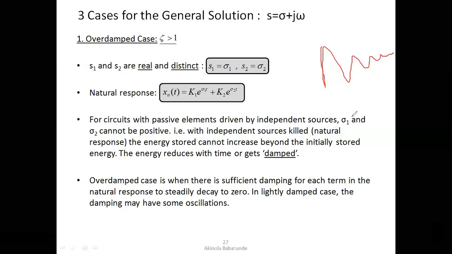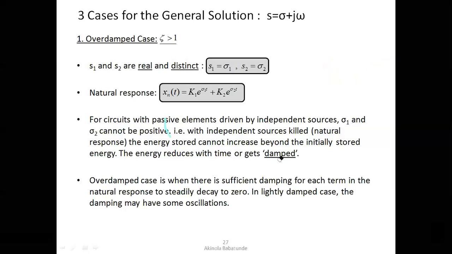The overdamped case is when there is sufficient damping for each term in the natural response to steadily decay to 0. In a lightly damped case, there may be some oscillations, but in the overdamped case, there is enough damping to ensure that each of the terms in the natural response steadily decays to 0, as you can see in the case of this oscillation. All of these are important.